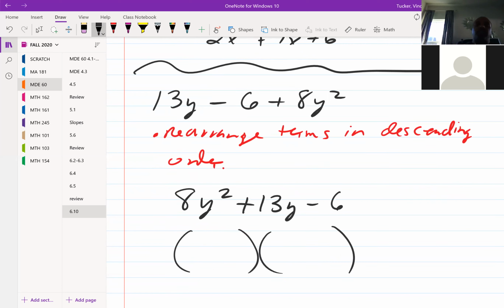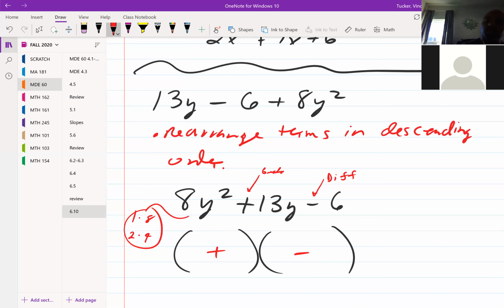Set up your parentheses. The back sign means my signs are going to be different, and the greater combination needs to be given to that plus sign. All right, so looking at our choices, 1 times 8, 2 times 4.